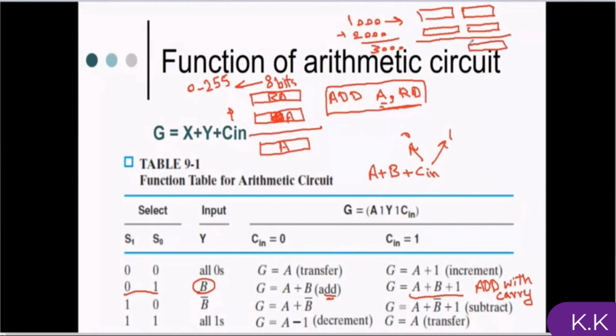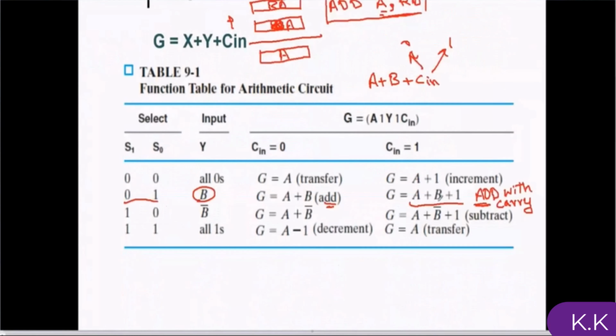The other 2 bytes should be added together, but you also need to consider the carry that is generated from the previous low byte addition. So this is the time that we need the add with carry instruction.